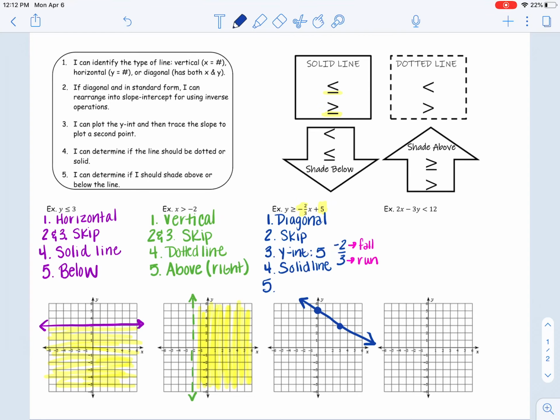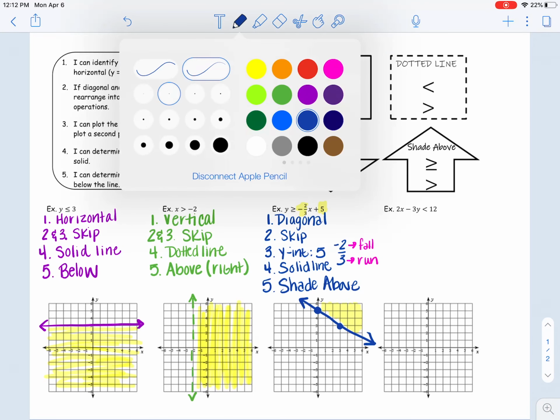Should I shade above or below? So it's greater than. Greater than means I should shade above. So I'm going to shade above. All right, and we're done with that one.